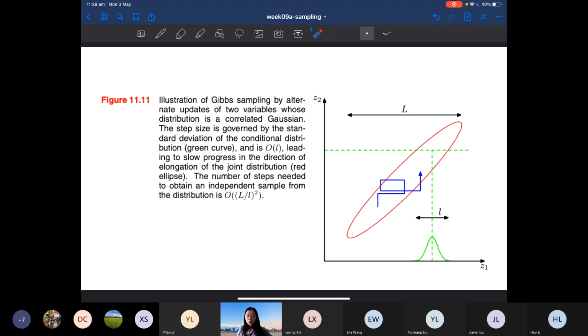By the same argument as the Gaussian proposal in non-isotropic Gaussians, the number of steps needed to obtain an independent sample is still quadratic in the ratio of the larger and smaller variance across the different dimensions. Here, the smaller variance is the conditional variance of one variable with respect to another.